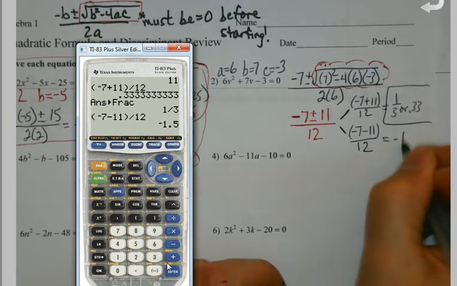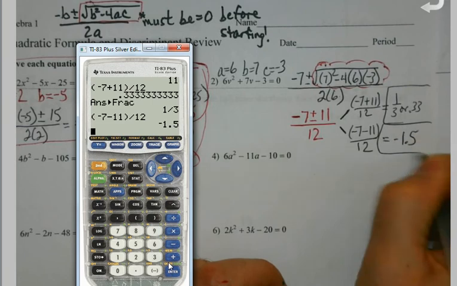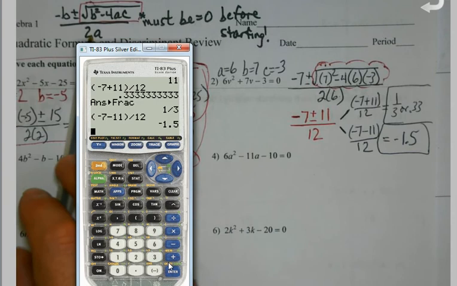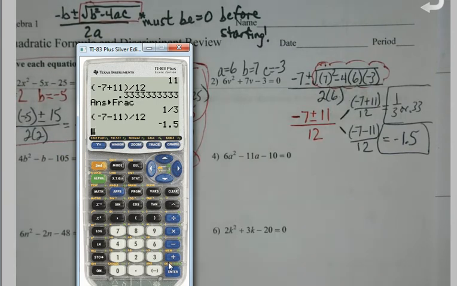Negative 1.5 is an absolutely peachy answer. But again, it's all about just putting it into the form, but always working on what's underneath that square root first, because we want to simplify things before we get too far. But otherwise, nothing going too bad so far.